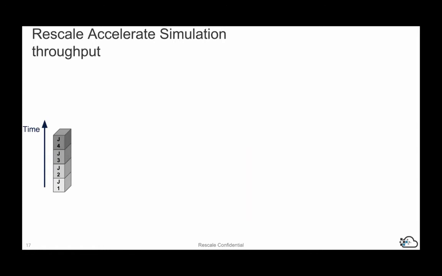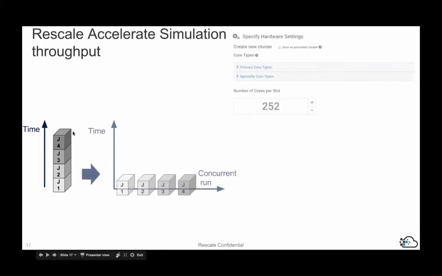Typically in your on-premise environment, you're going to have your different jobs. Here I have 4 jobs represented by a cube. You're going to have all those different jobs queued, and the time to get your result back is going to be pretty long.